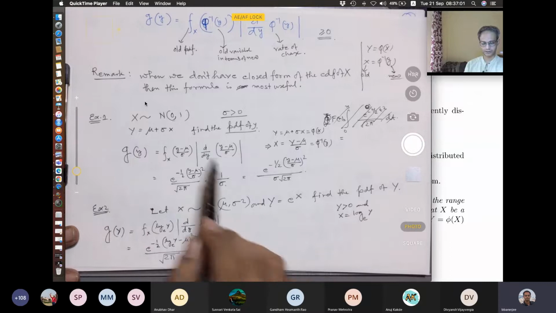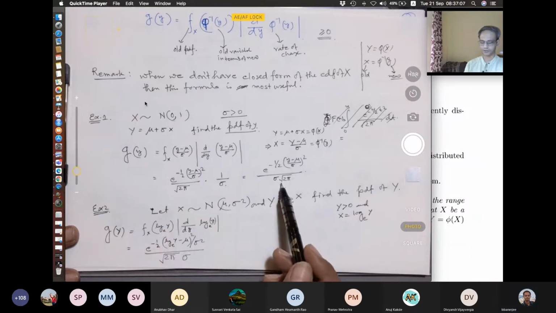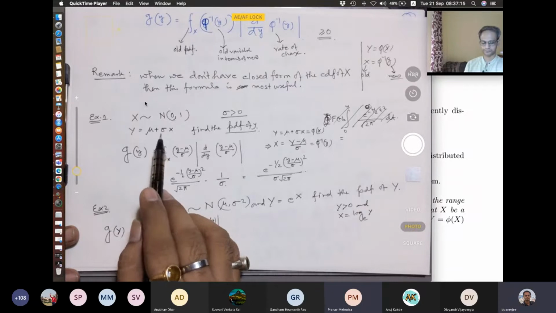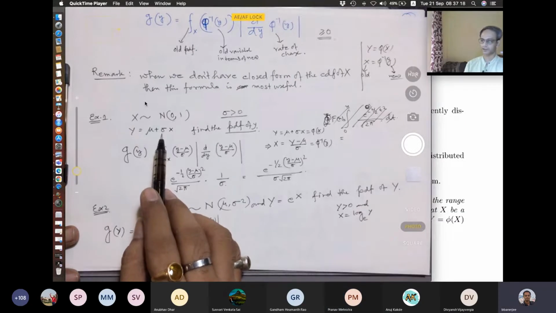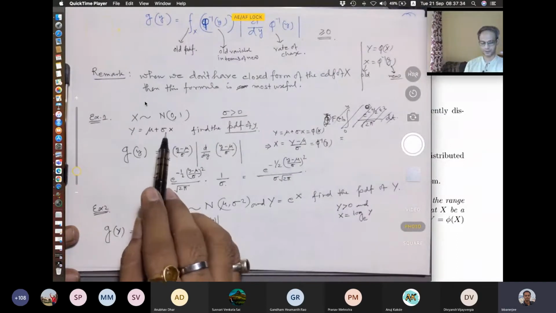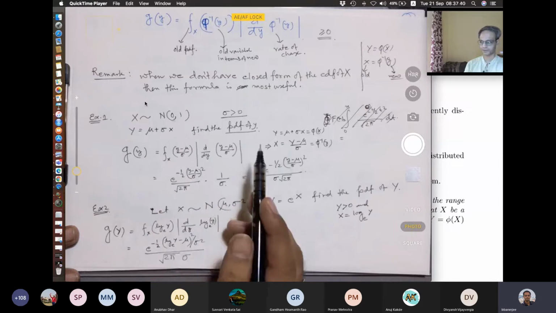We specifically talked about it in yesterday's class that sigma is the scale parameter, sigma square is the variance. So here sigma is the scale parameter when we write normal mu sigma square.